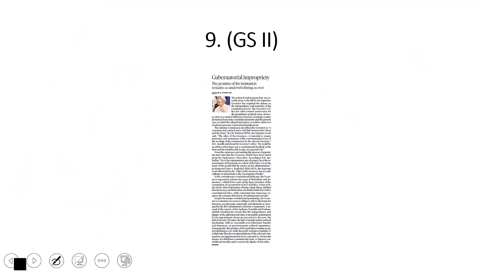There is another column on page number 9, Gubernatorial Impropriety. The Rajasthan Governor Kalyan Singh recently told the cadres of the BJP that we should vote and work harder to elect Prime Minister Modi again for the next term. Opposition political parties approached the Election Commission of India and also criticized Kalyan Singh because as a governor, you have to be impartial, you cannot be a party person.